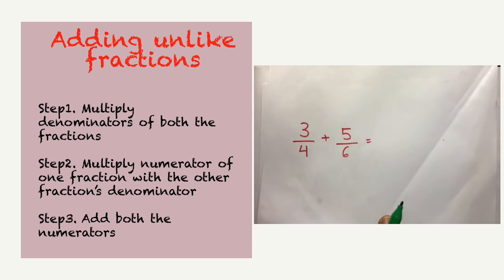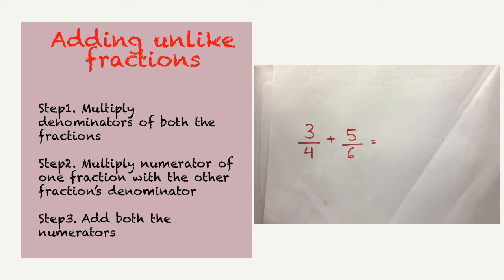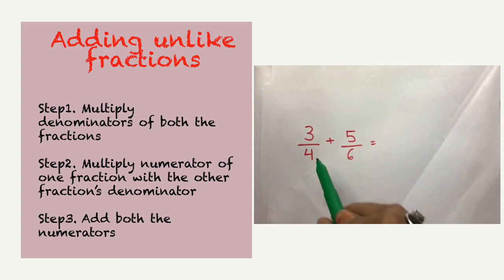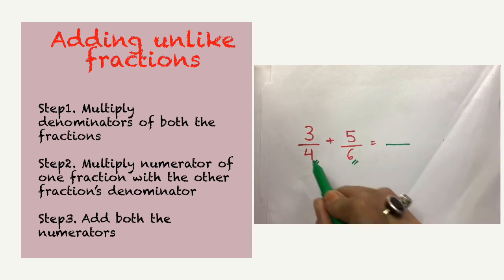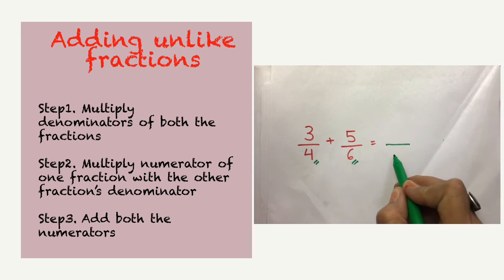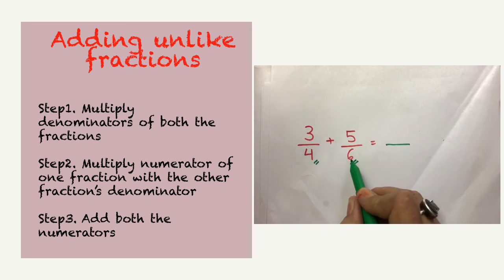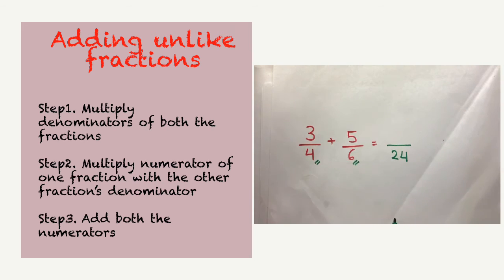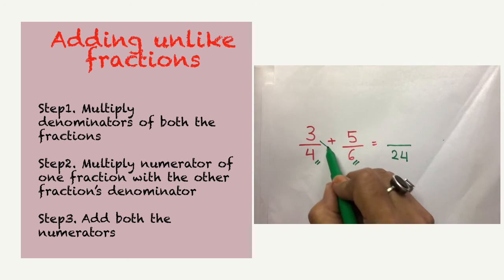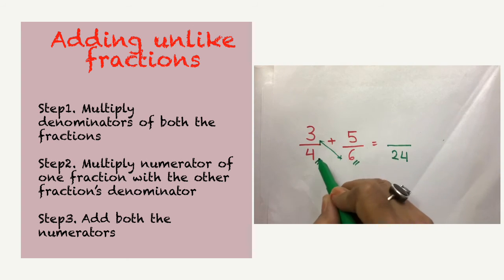Let's go to another example. This time we have 3/4 plus 5/6. So we see that denominators are different. We just multiply both the numbers and write it here. So 4 multiplied by 6 is 24. And now we will multiply these numbers.